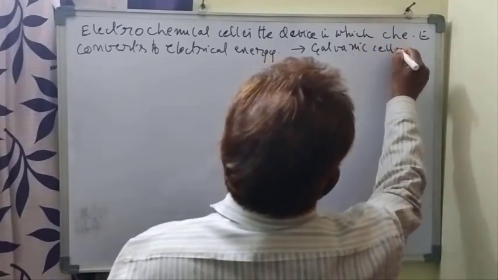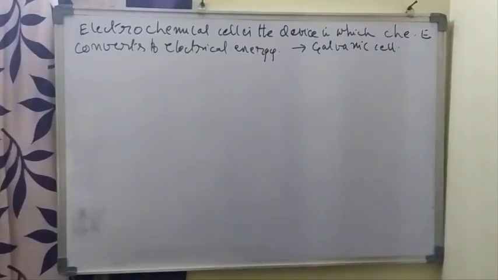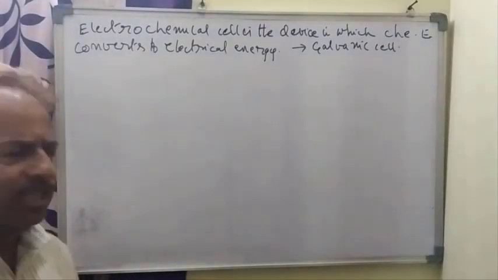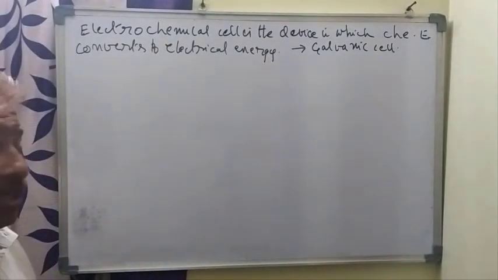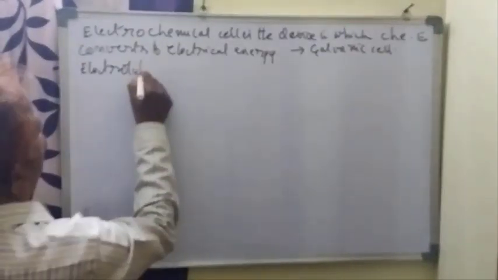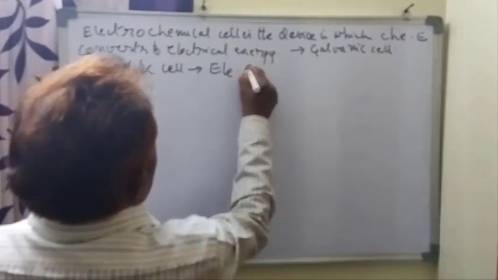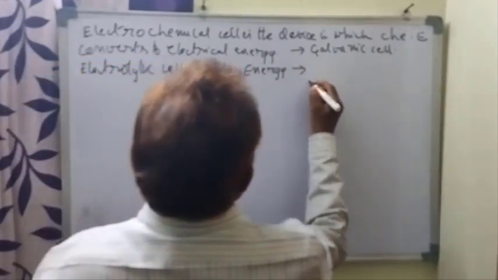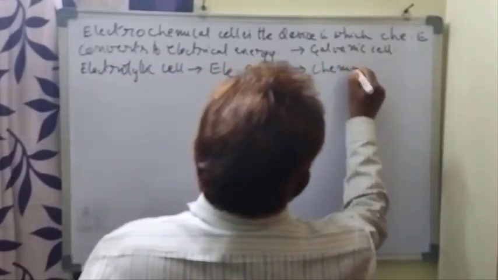Then what is the other way? That is, when electricity passes through a solution, then a reaction takes place. Such a device is known as an electrolytic cell. So in an electrolytic cell, electrical energy converts to chemical reaction.